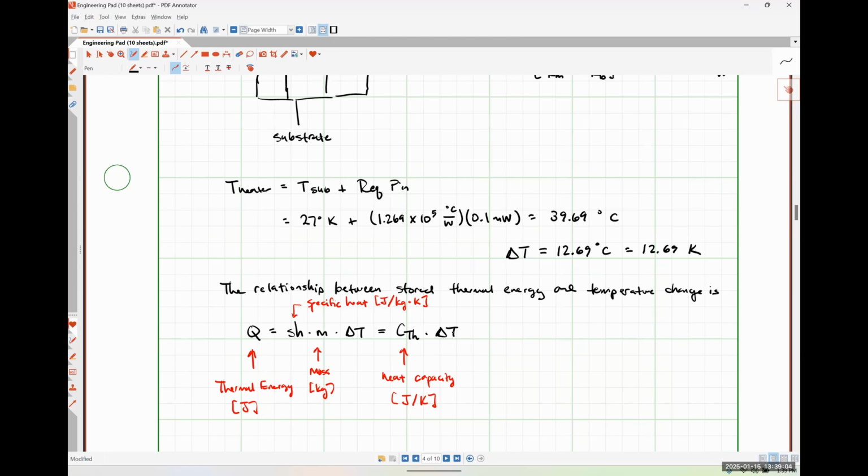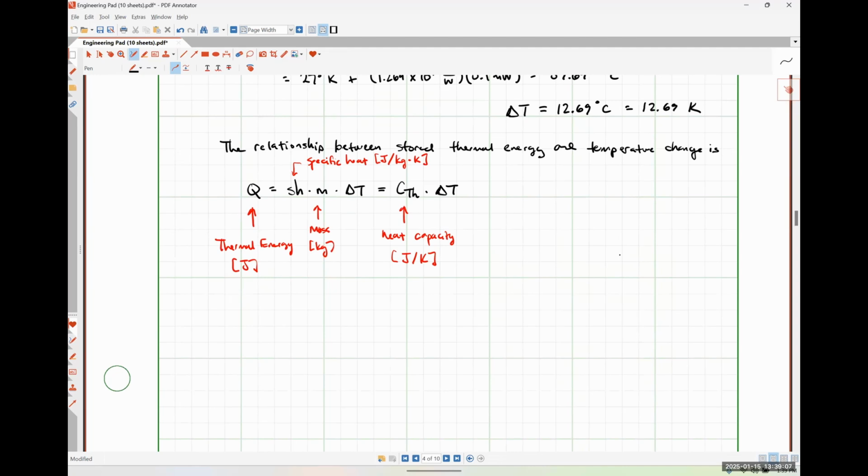So essentially, we could say that tau, this is the time constant, make a note, for heating/cooling a structure is equal to the thermal resistance multiplied by the heat capacity.